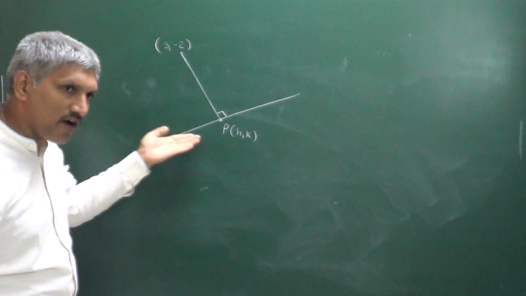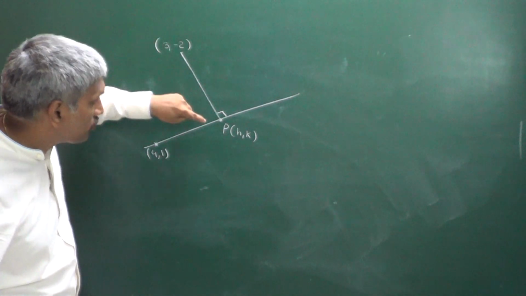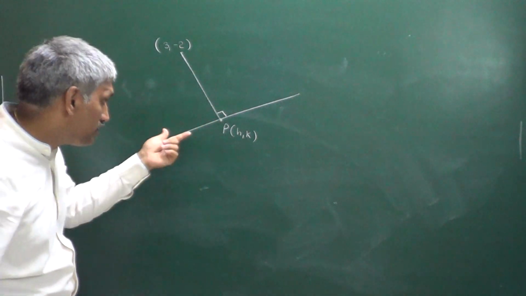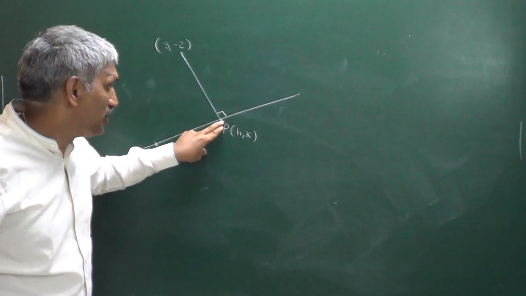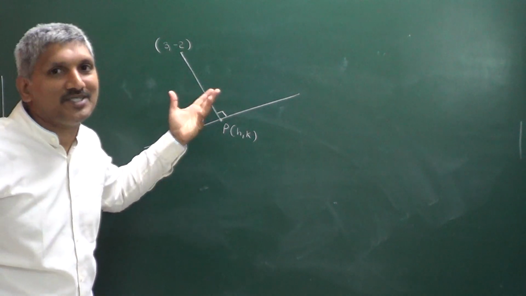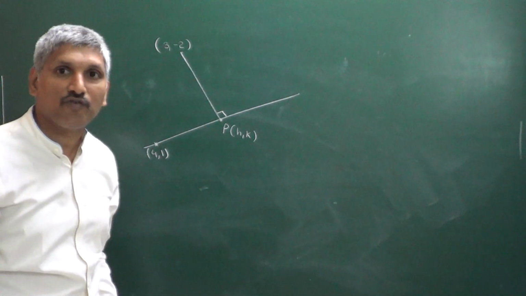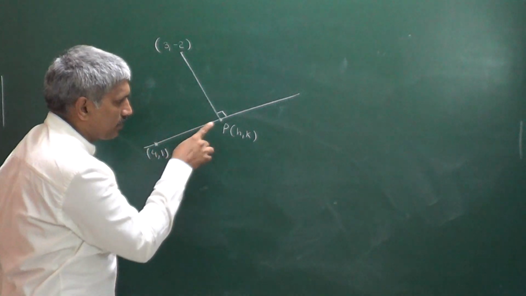This is one of the lines. From the point (3, minus 2) onto this line, this is the foot, right? Whenever so many lines are possible, so many such points will also be there, because onto every line we are drawing the foot of the perpendicular. So this is one of the points, right?